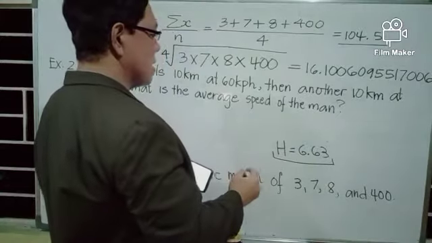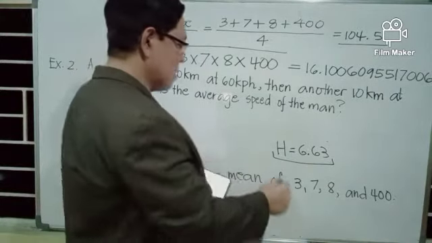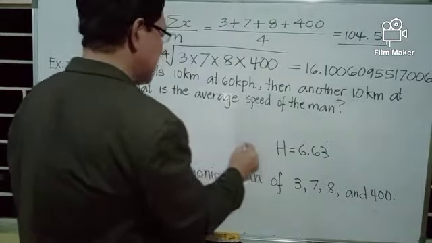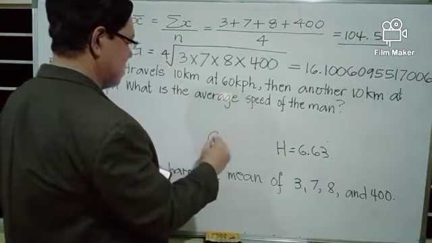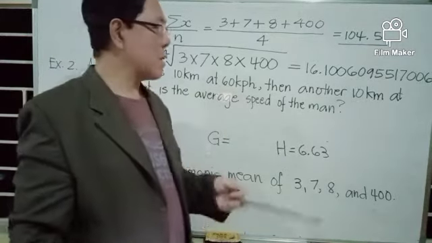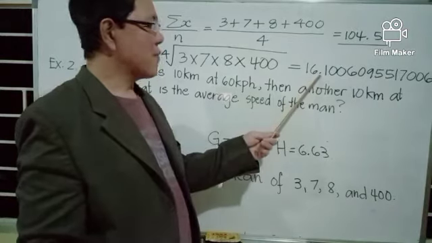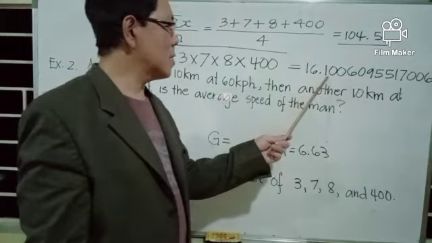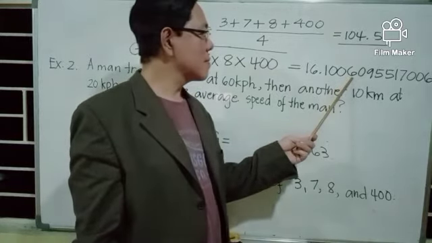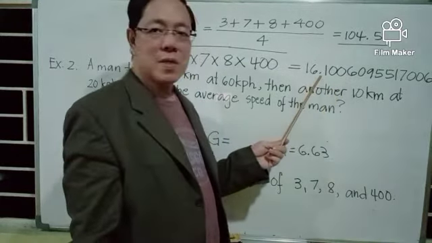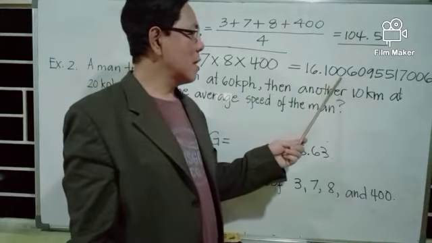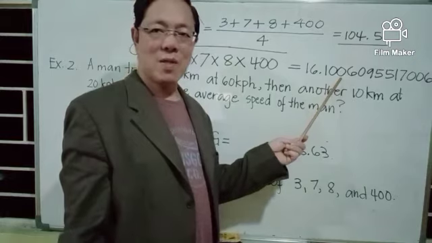Our harmonic mean is 6.63. Our geometric mean, we round to 2 decimal places. After the decimal point, we count 3, 1, 2, 3. The digit to be dropped is 0.